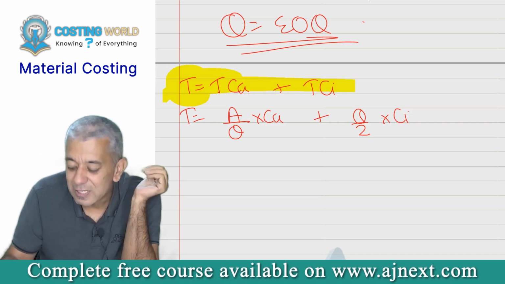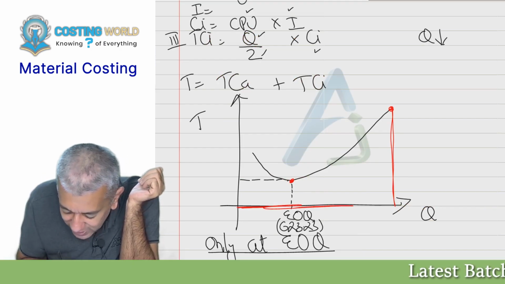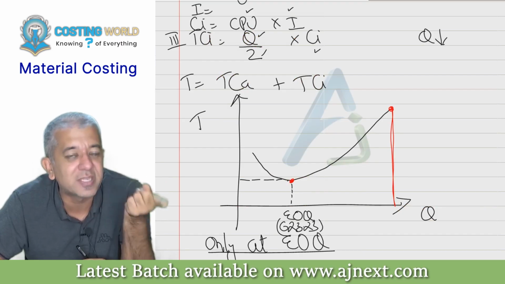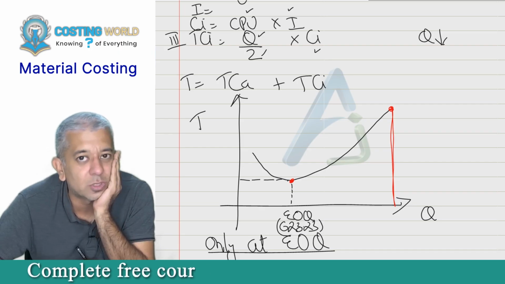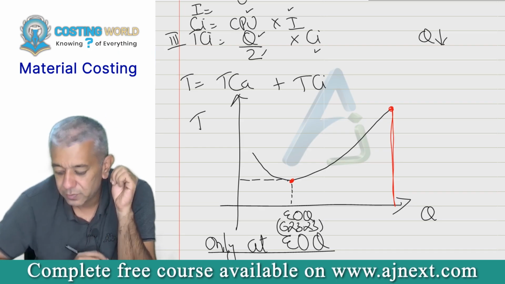Yes, sir. On this particular graph, can we say every value over here is a value of Q? No, but there is only one value of Q that qualifies as EOQ, and that is that particular value where T is least. You all understand? Yes, sir. Okay, so write down one line now.